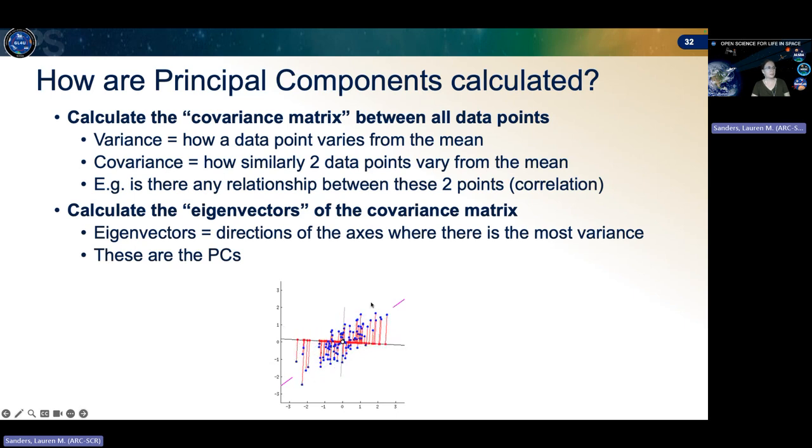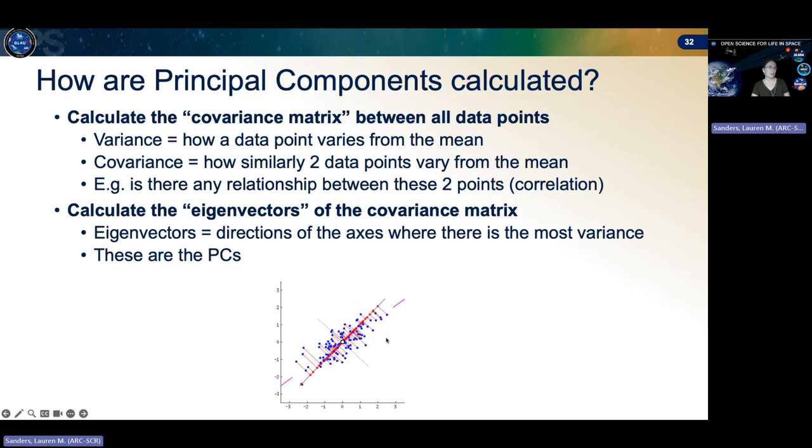There are other axes here. As you can see, there is other spread in pretty much every other direction. You could say, oh yes, the data is spread out this way, it's spread out this way, it's spread out this way. But if we take the first principal component going in this direction, and we take the second principal component going in the orthogonal or perpendicular direction, we're capturing most of the variance within the data set.